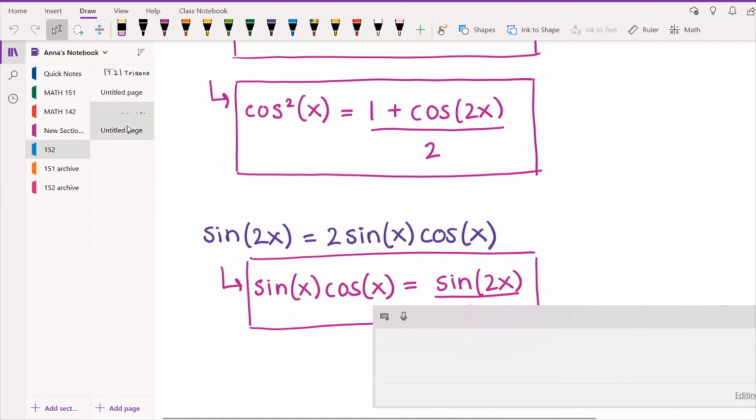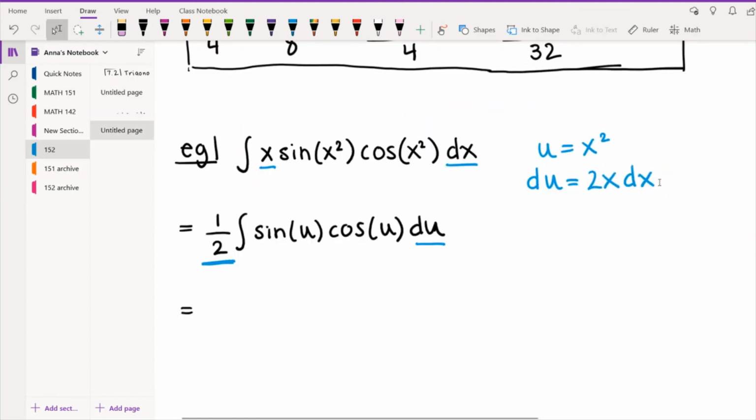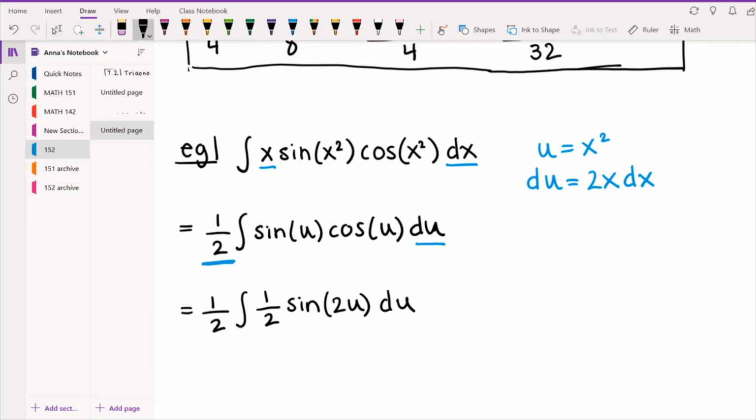So we have sine of u times cosine of u. And so that's going to be equal to 1/2 times sine of 2u. So let's pull that extra 1/2 outside. And so now we have 1/4 times the integral of sine of 2u du.